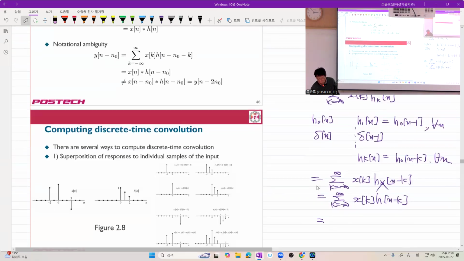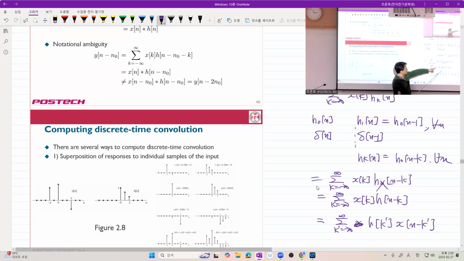And interestingly, by the change of variable, you can rewrite this one as that one. So the role of x and the role of h can be interchanged. It's not that difficult. You do it yourself. Okay.